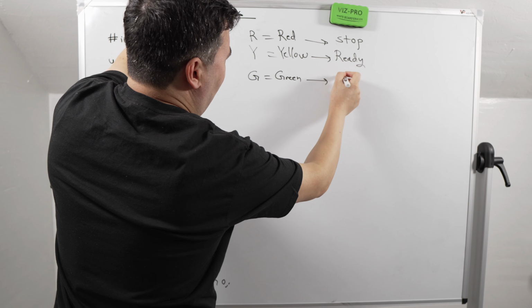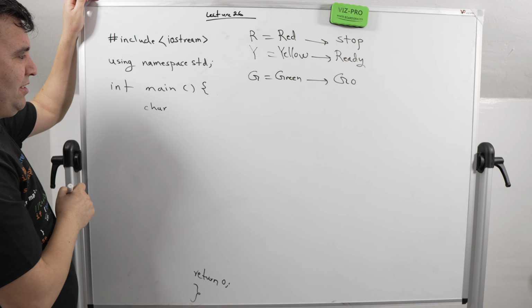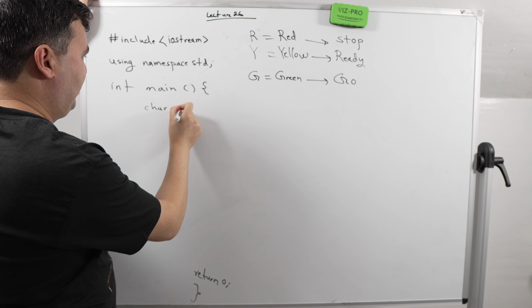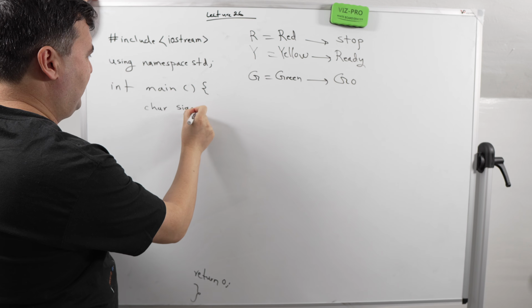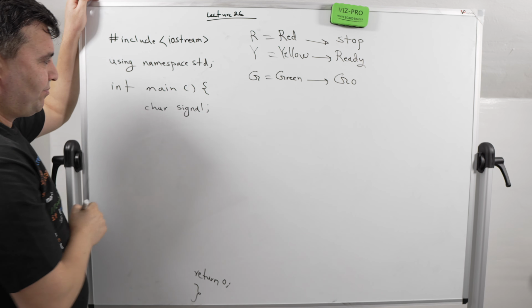Here we take a character from the user. For that purpose, we need to declare a variable of type character. I write char, the data type is character, and the name of the variable I call signal.